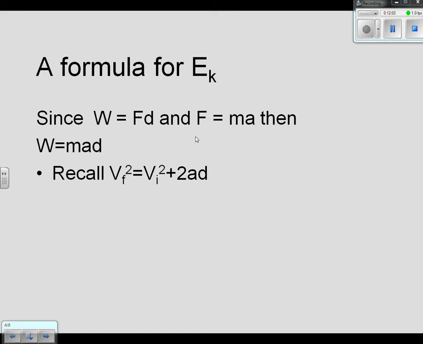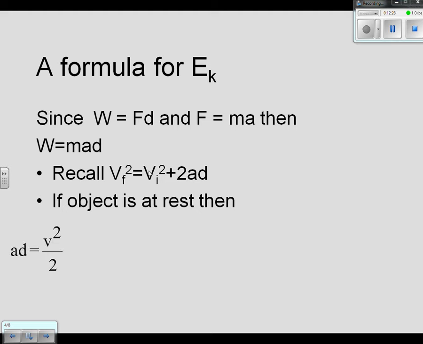We used it yesterday, actually, right? We used the distance and the final velocity of 0, and we got the acceleration, and figured out the initial velocity. So now, will that work? Well, if the object was at rest, what's the initial velocity? 0, so I can get rid of the Vi squared. And would you agree then that AD is simply equal to V squared over 2?